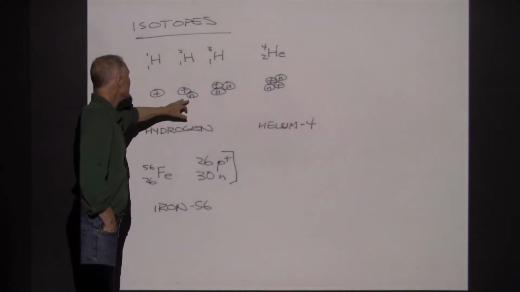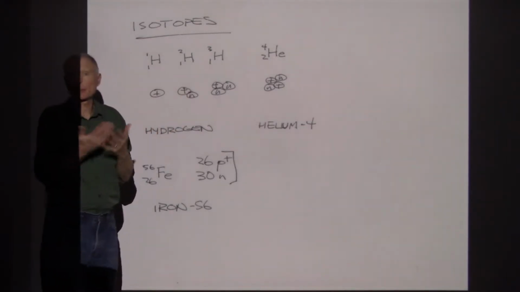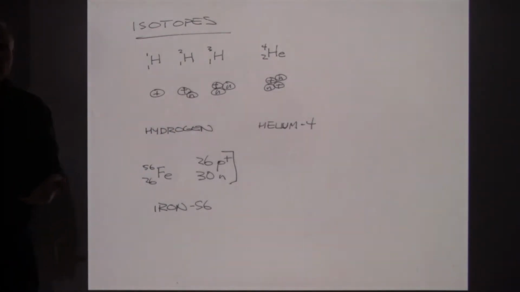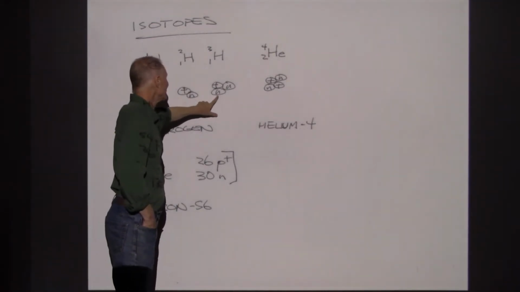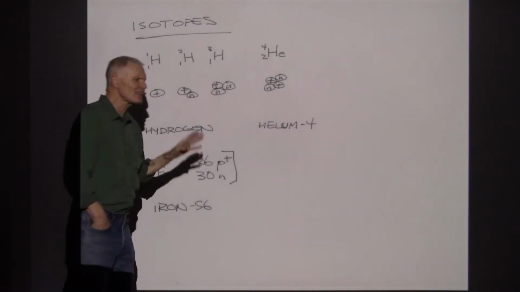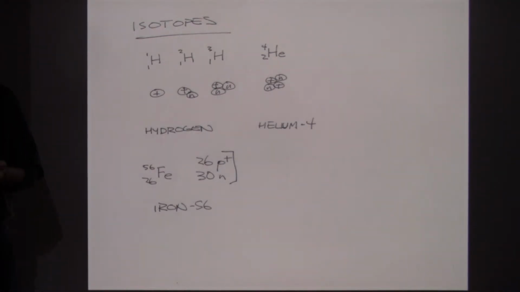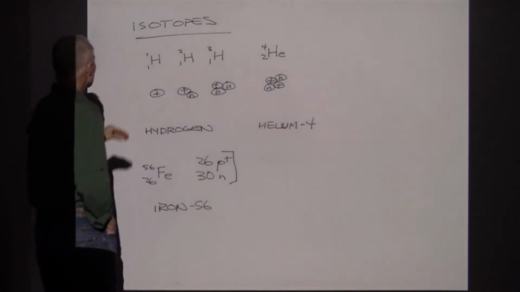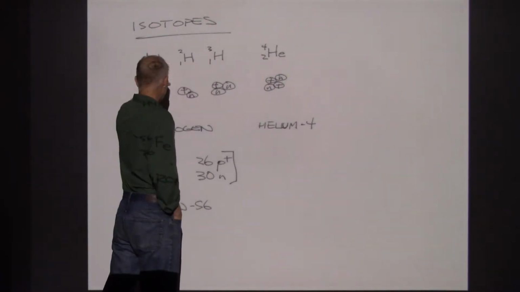Now, we could have a neutron attached to the proton. So we could have a neutron in there as well. It's still hydrogen because it's one proton. We could add another neutron. It's still hydrogen. So we need some kind of a naming system to keep track of these different variations of hydrogen. And so what we do is we go, well, chemical symbol H, they're all hydrogen.